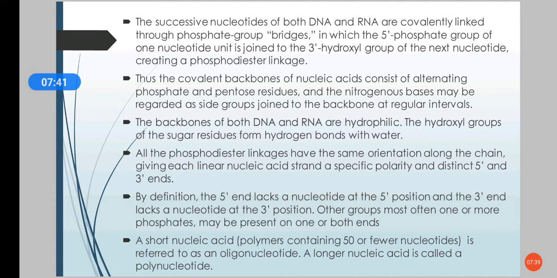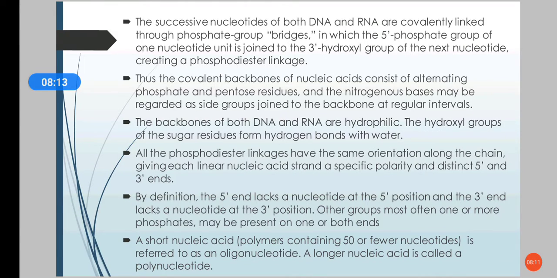Since the hydroxyl groups of the sugar residues can form hydrogen bonds with water, the backbones of both DNA and RNA are hydrophilic in nature. All these phosphodiester linkages have the same orientation, that is from 5' to 3'. So the nucleic acid strand has a specific polarity and distinct 5' and 3' ends.